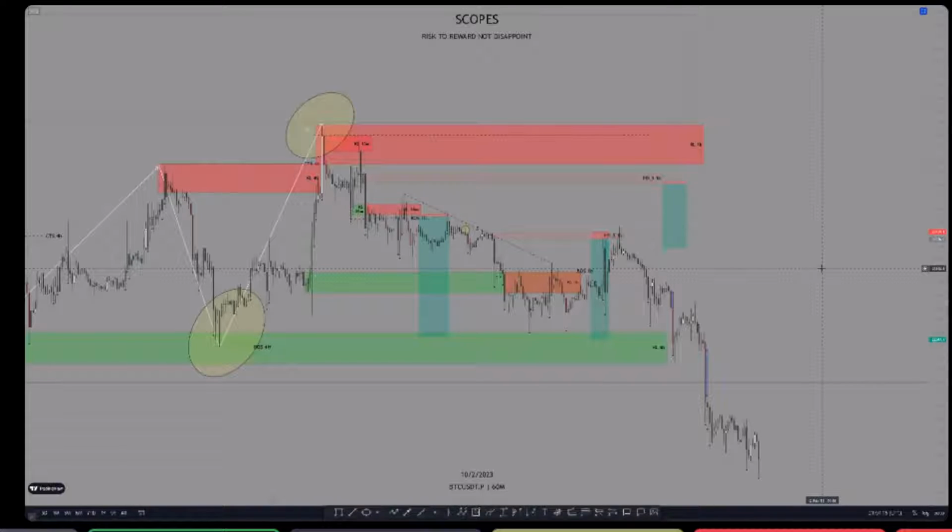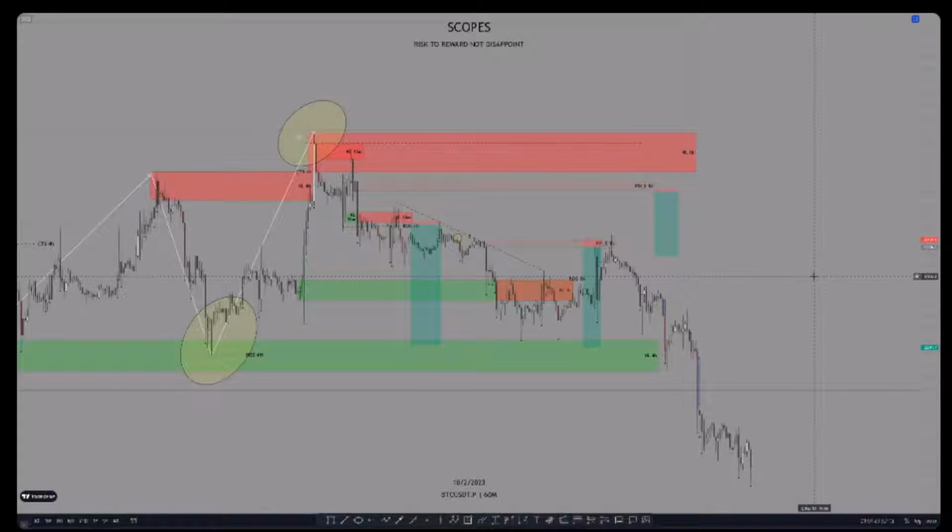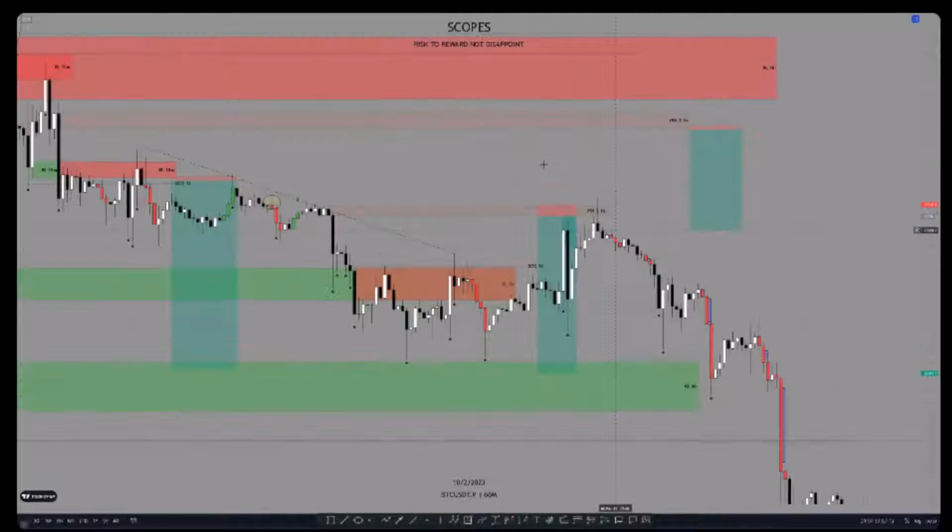I've got an example on the BTC of what I'm looking at, and it's not using TradingView. Well, it's using TradingView for marking out your charts, and it's using another site to confirm your areas.